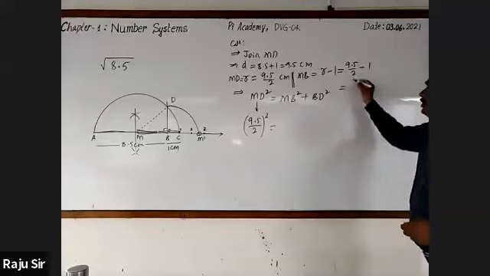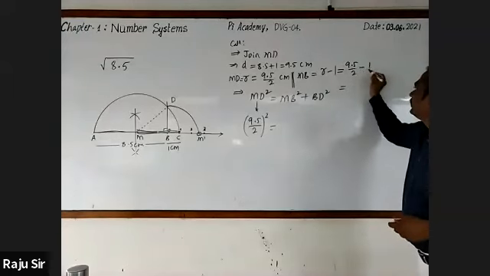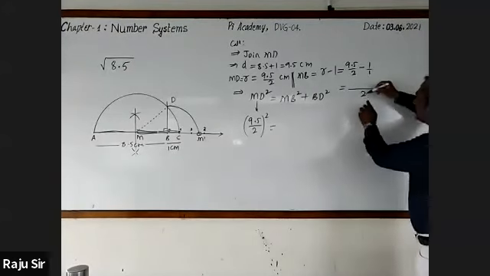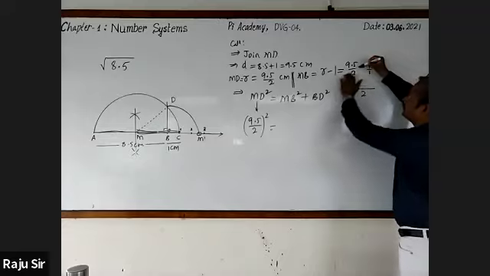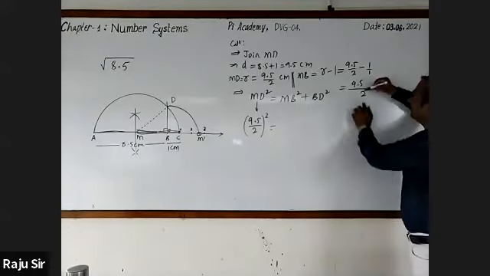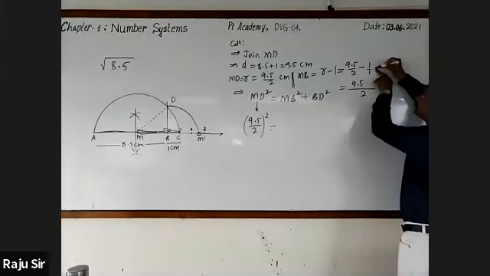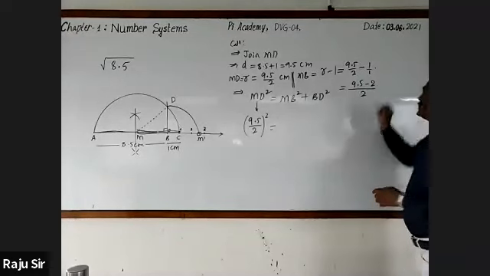Then you will take the LCM of the denominators. Denominator here is 2, here is 1. Then LCM will be 2. Multiply this LCM with the first term. 2 gets cancelled. You will get 9.5. Multiply this LCM with the second term. 1 twos are 2, it is minus 2.